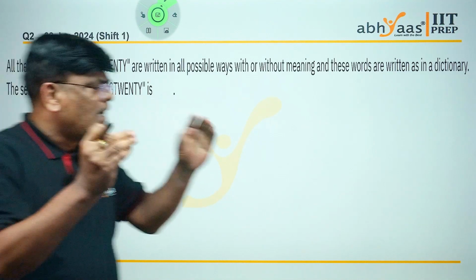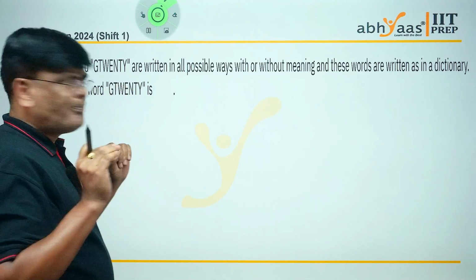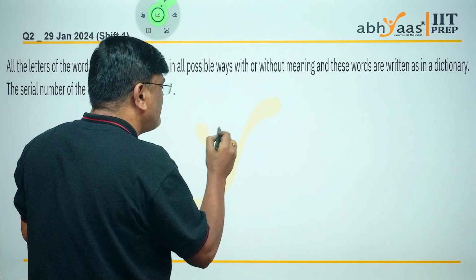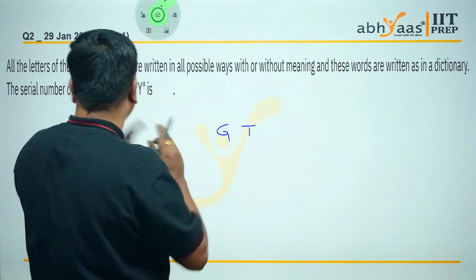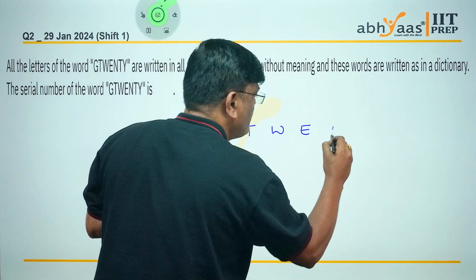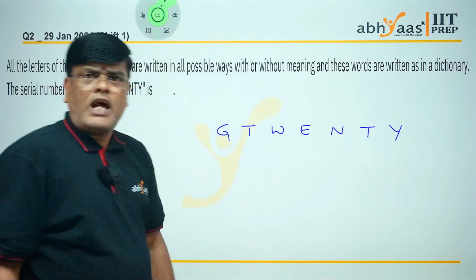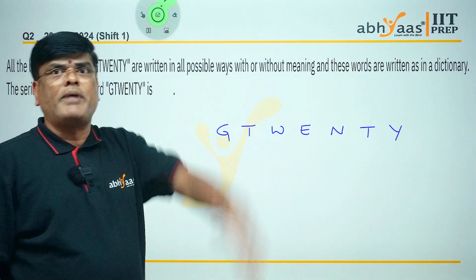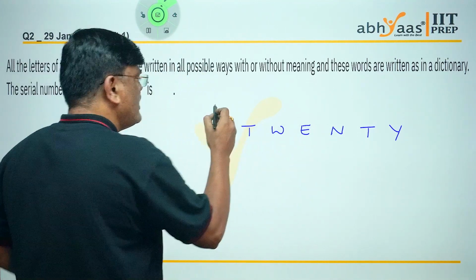Here the method is, first, what is the given word? G20. I will write the word first, by giving some space. Next, above the word, I will take alphabetical order. Now tell me what is the alphabetical order here?